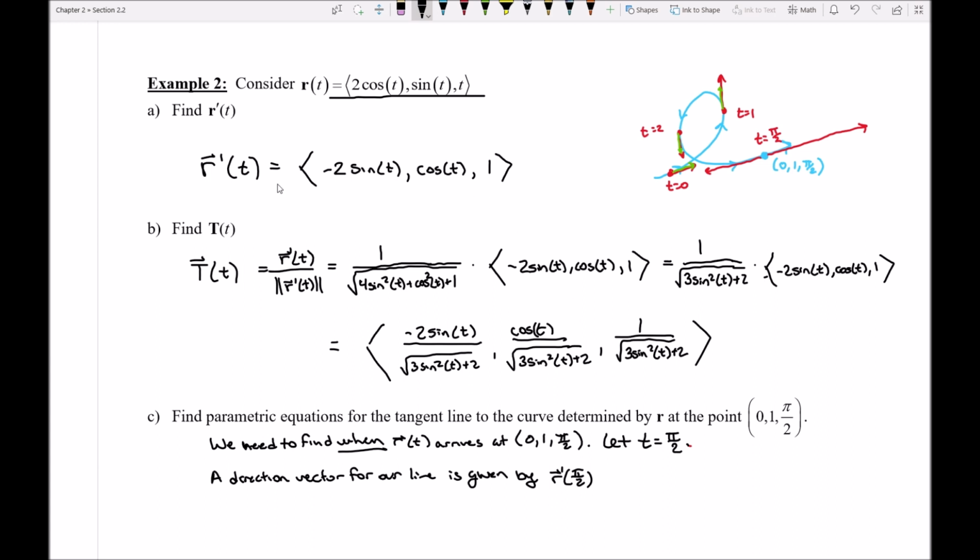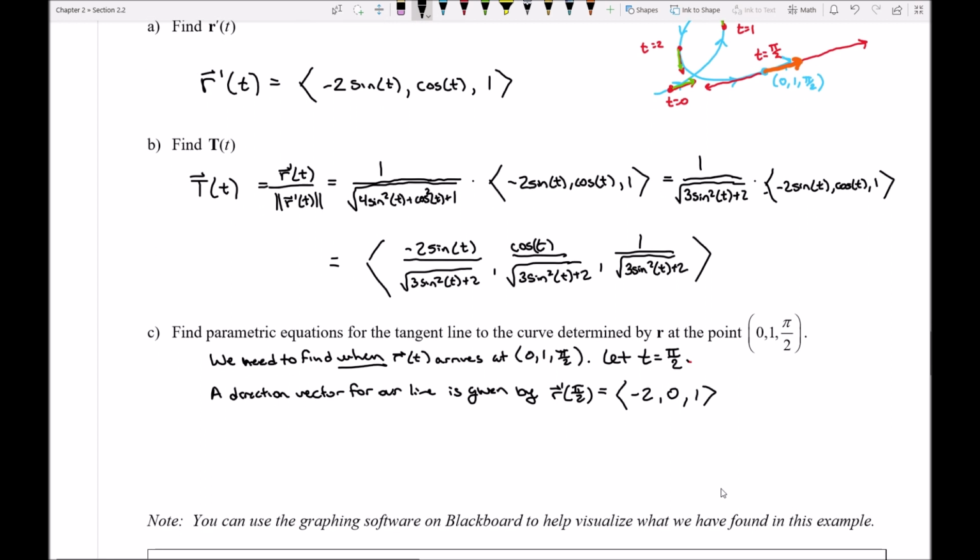I would need to evaluate the slope formula, so to speak, at the specific spot where I want that line. And that's going to spit out for me something like, say, this orange vector here. It's going to get me that tangent vector. So let's see. If I went to my r prime and I plugged in pi over 2, notice I get the vector negative 2, 0, 1. So now I have my direction vector and I have my line. So I should be able to write out my actual line.